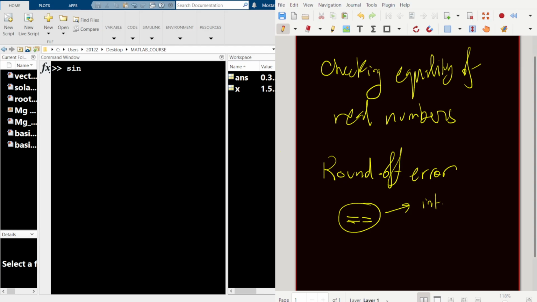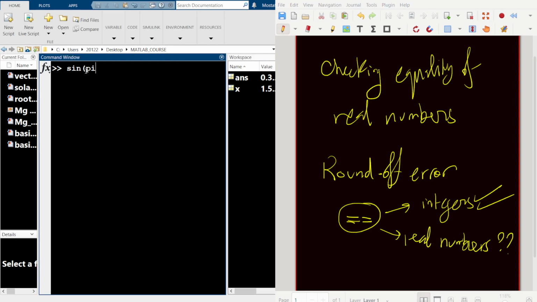If you try to use this with integers, things are perfectly fine. But the problem is when you try to use this with real numbers, now you will start to face some issues. For example, if I ask MATLAB, does sine pi equal 0? The answer, to your surprise, will be false.